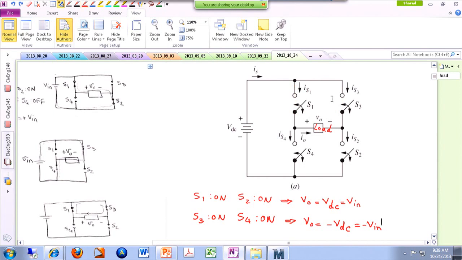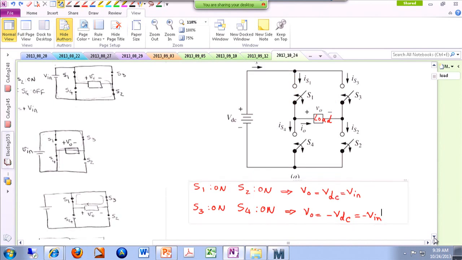So if I have S1 on and S3 on, Vout will be 0, and Vin, or the source, is actually not really engaged.